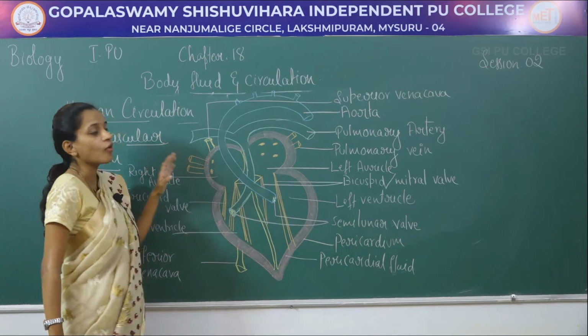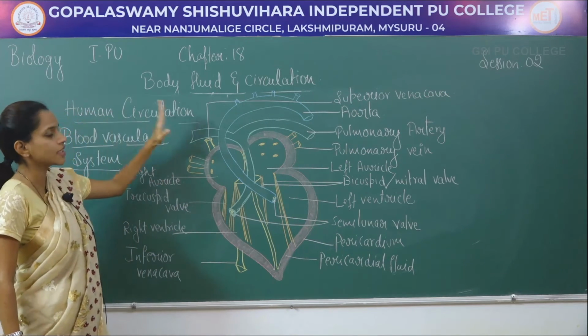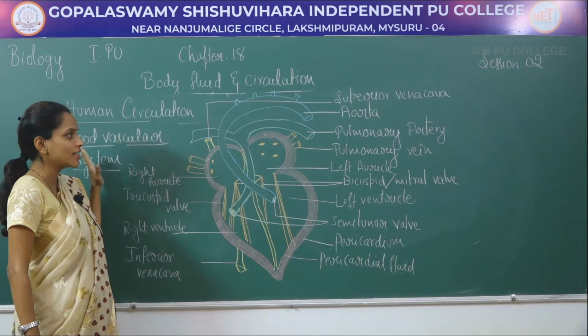So this is the diagram of the human heart, or human circulation or blood vascular system.